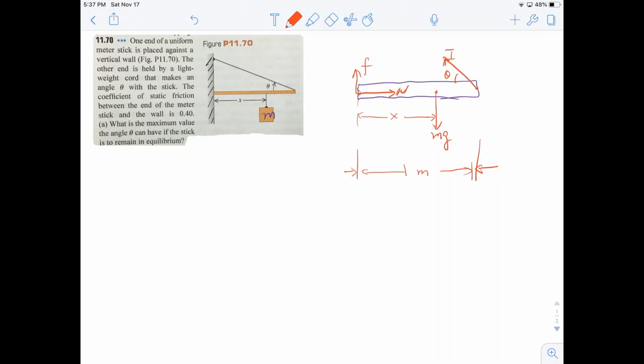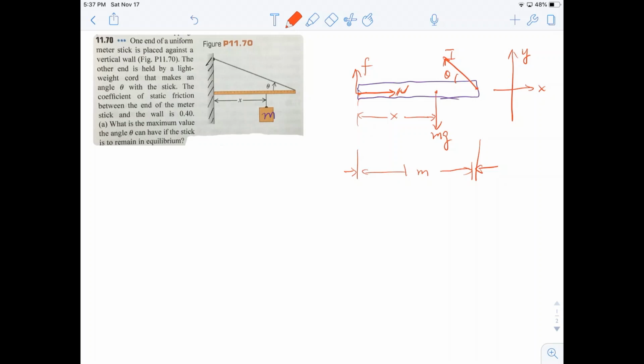Now let's also define the axes: the positive x-axis points to the right, and the positive y direction points upward.